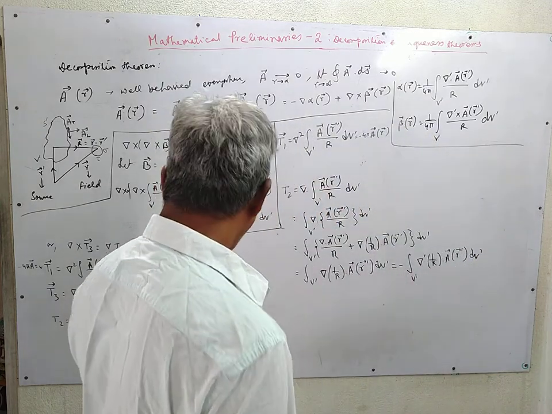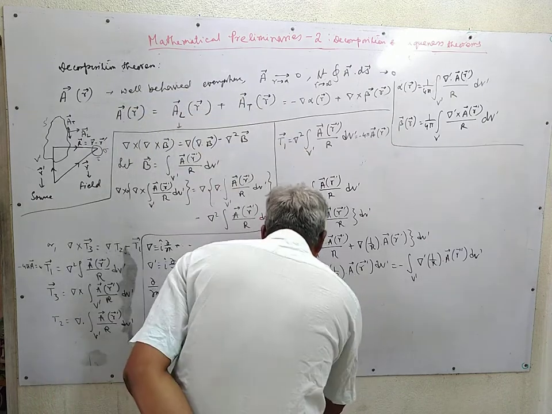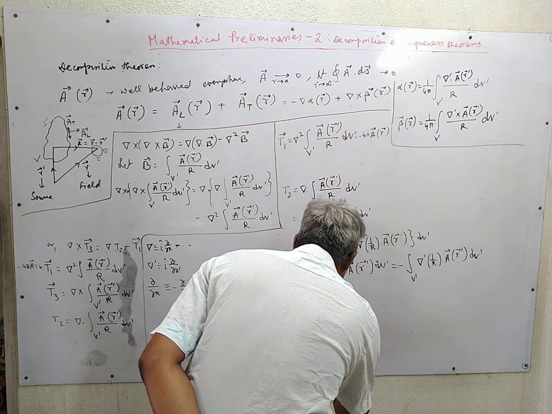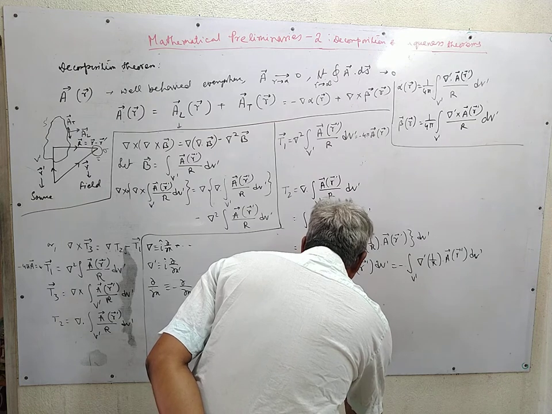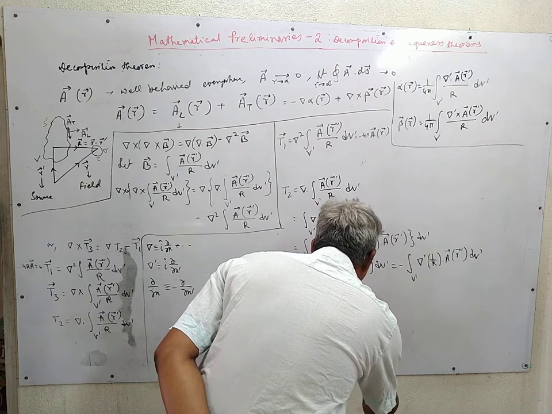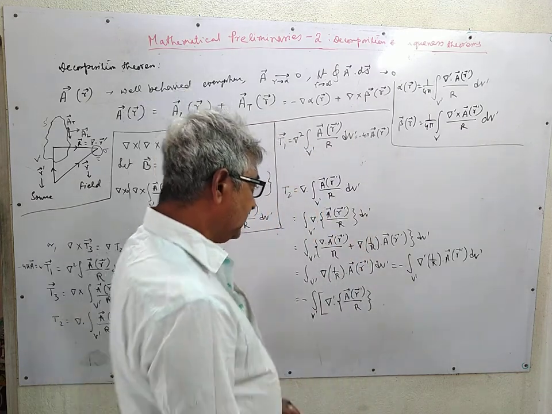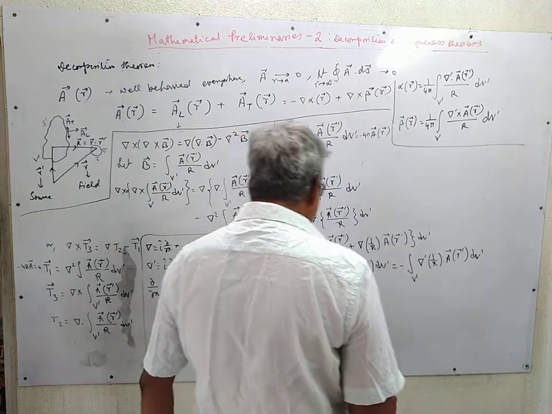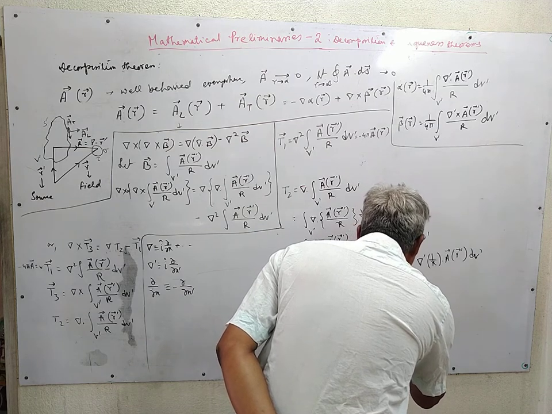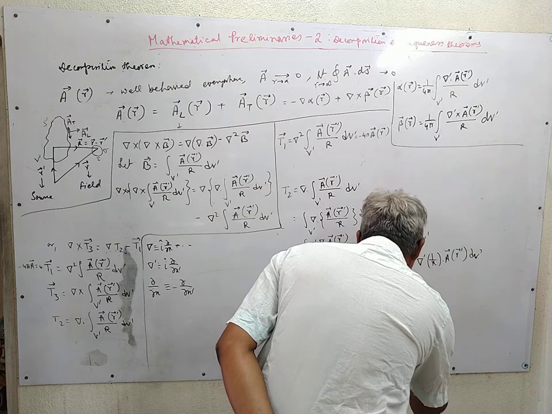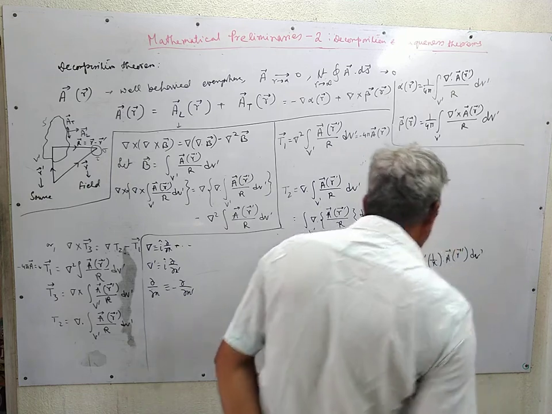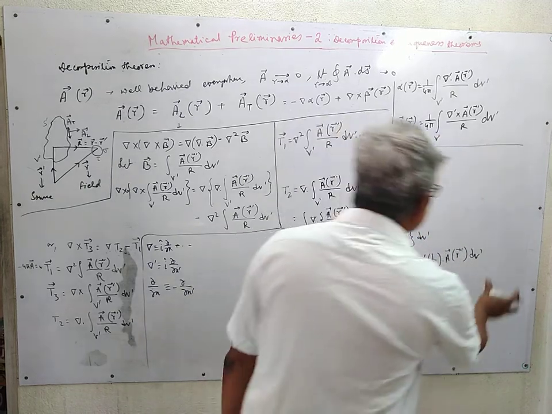Now we write this as minus integration over v prime. This has two terms. One is the term this, another term is this, which is prime.